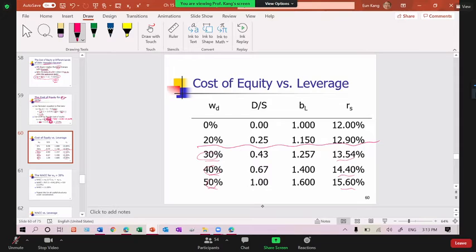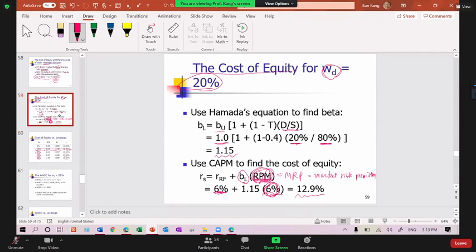So 20% is given as an example. Then you can set up this table easily for 30%, 40%, 50%, following this step, right? So 30% is 30% over 70, 40%, 40% over 80, something like that.